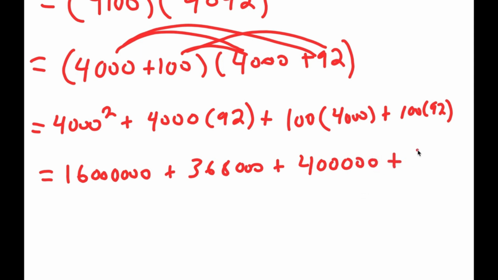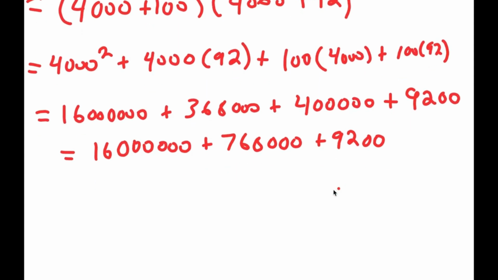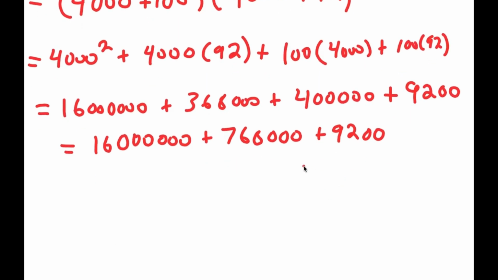Plus 100 times 92 is 9200. Now this is equal to 16 million plus 368,000 plus 400,000 is 768,000. And I have this plus 9200.